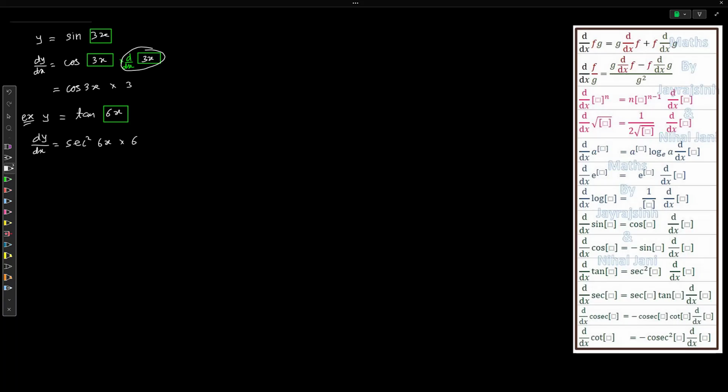Okay, now let's go for another example. Let's say we have y is equal to cos root x. Here x has no power 1. So here we will consider box around the inner function, which is root x, and forget about it. Now differentiate.